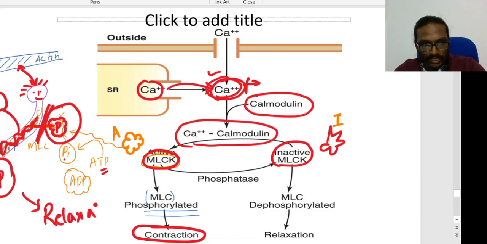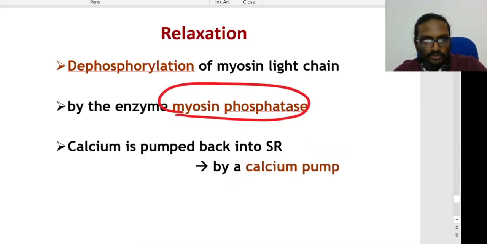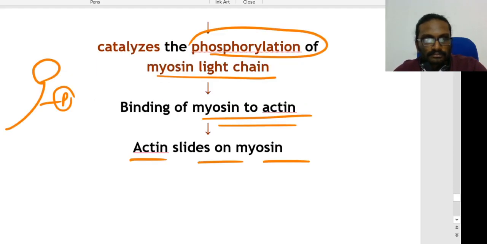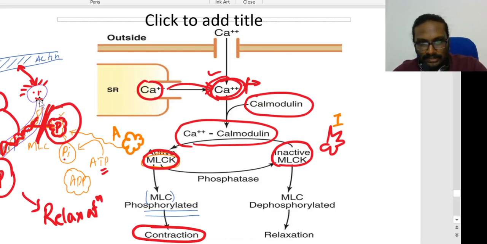Just try to take out your memory and think, in skeletal muscle, how was this happening? If you remember, in skeletal muscle, there was no myosin phosphatase. The relaxation and further attachment was occurring when a fresh ATP was getting attached to the myosin head.